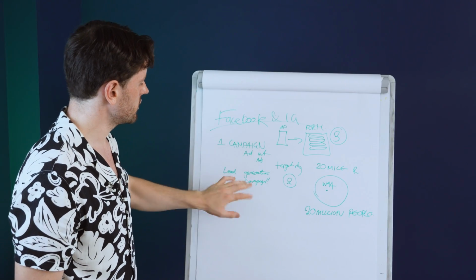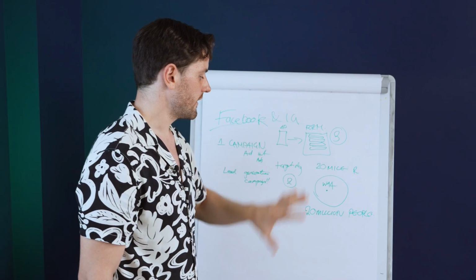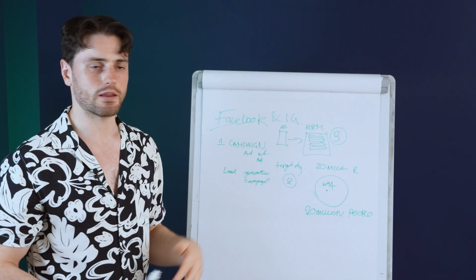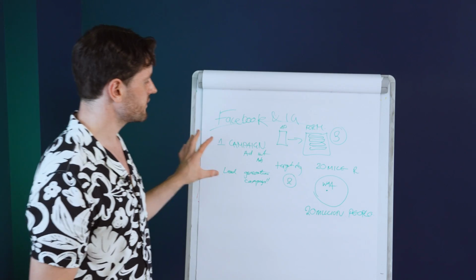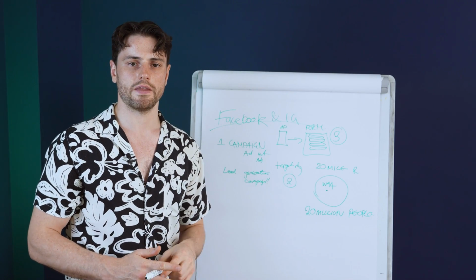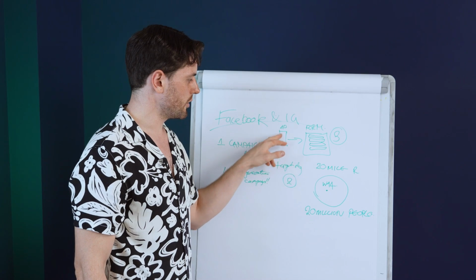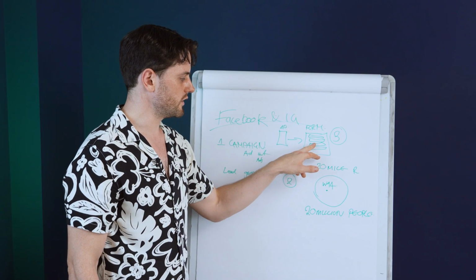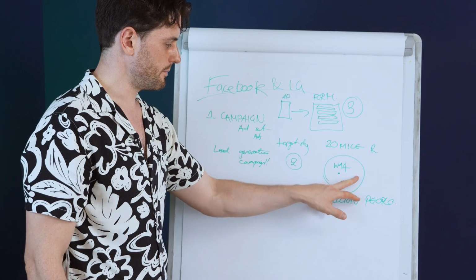We've got the campaign, the type of campaign you want to run, you've got the targeting, and then you've got the ad. Now that pretty much is a Facebook campaign. Now there's loads and loads of little things you could go into here, but that is roughly how a Facebook campaign works, and then how you can start getting leads. Got the campaign, you've got the ad and the copy you want to run, you tell them that you want to fill in a form or not, and then you set your targeting up.